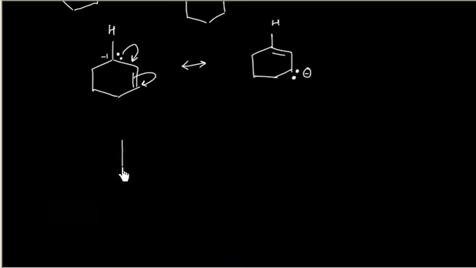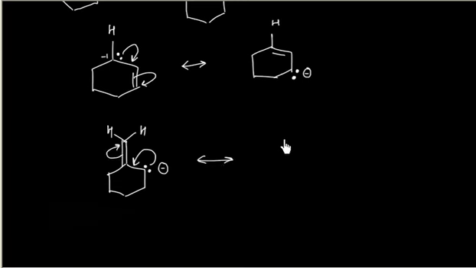Let us say if I have this molecule, I have a lone pair. So this goes here, this goes here. At this place we will have a double bond and here we will have a lone pair, that is the minus formal charge.